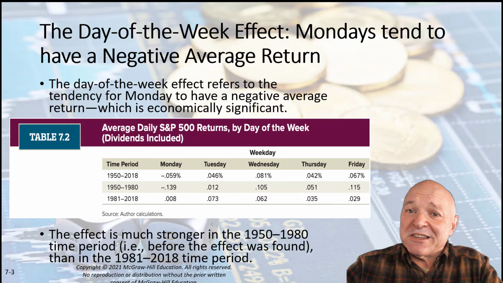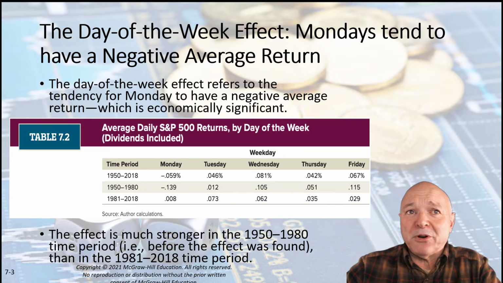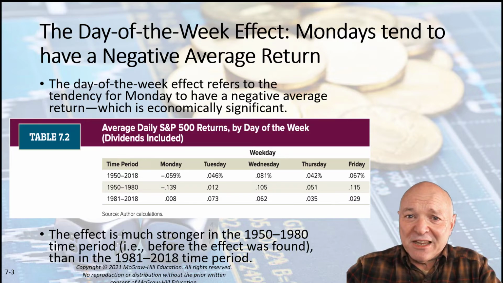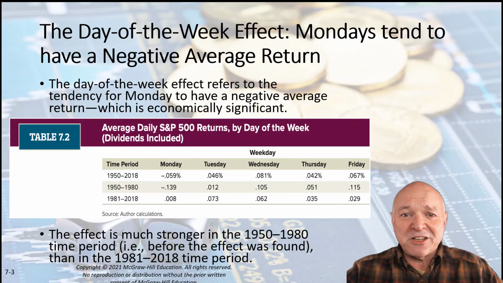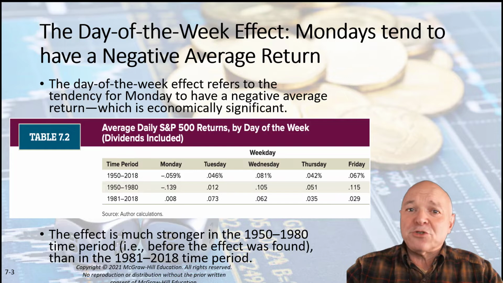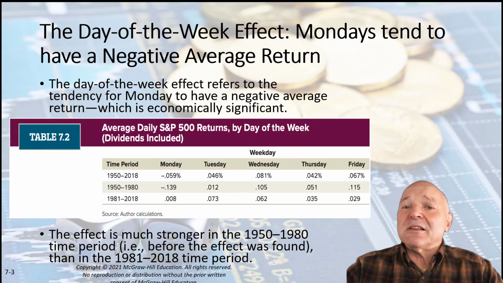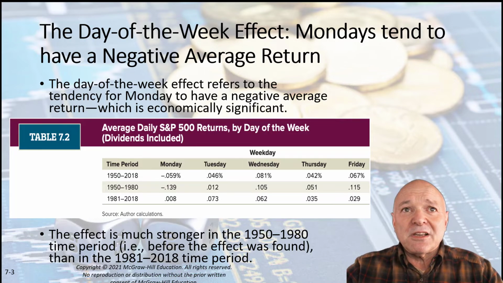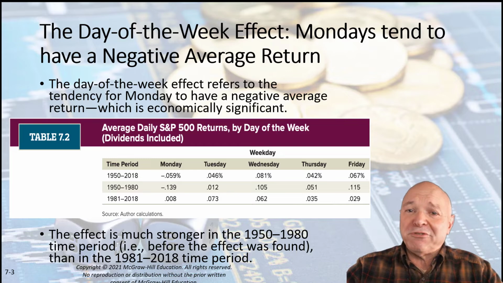But we do see that the effect, when we disaggregate the sample into two time periods, 1950 to 1980 and 81 to 2018, was much more pronounced in the first half of that time period. And so once the effect was identified and traders became aware of it, it disappears. So it's a great example of the fleeting nature of these anomalies.